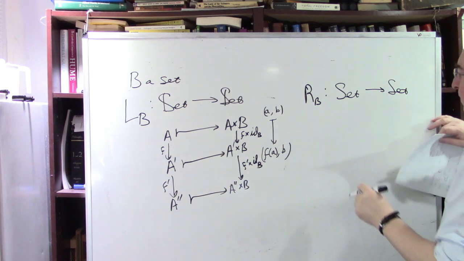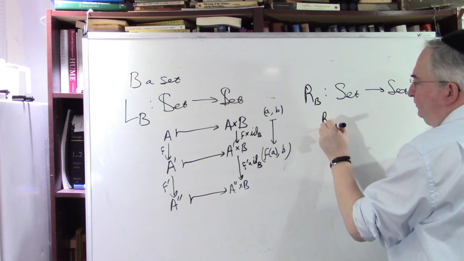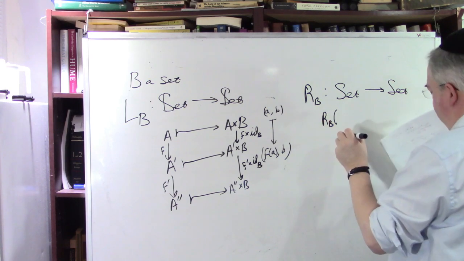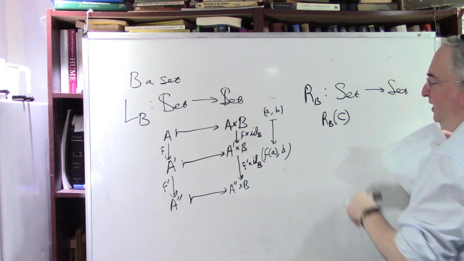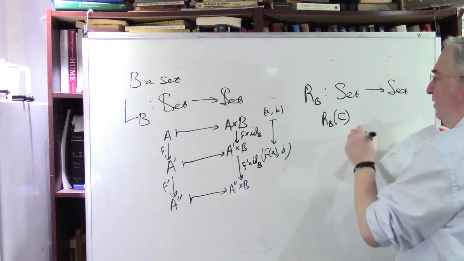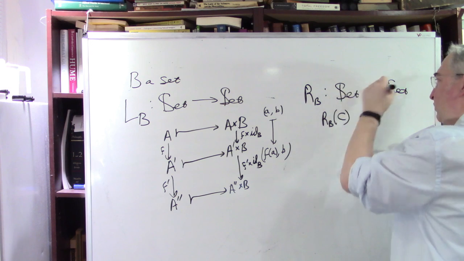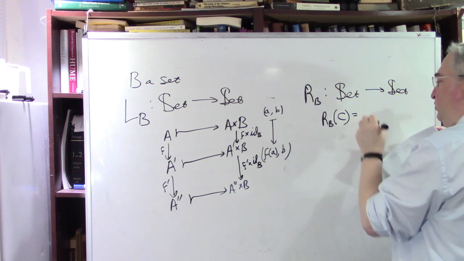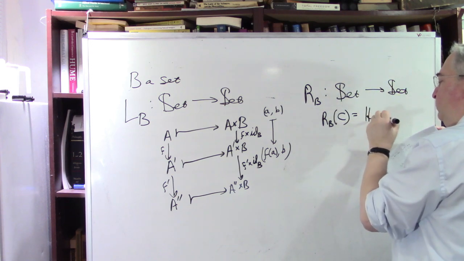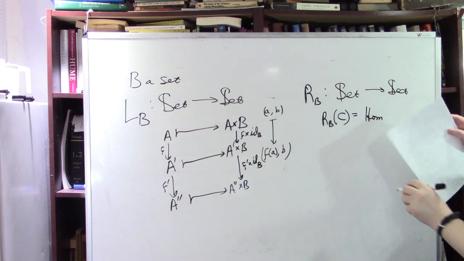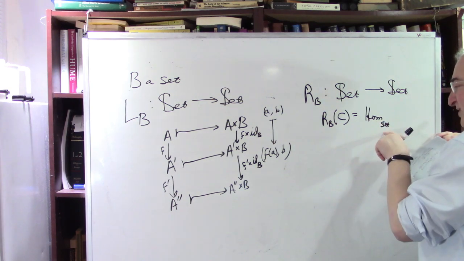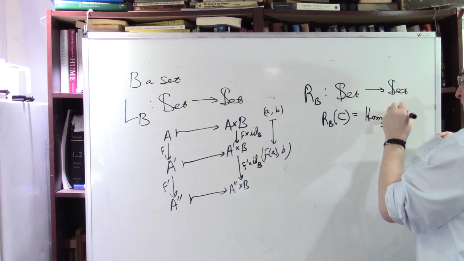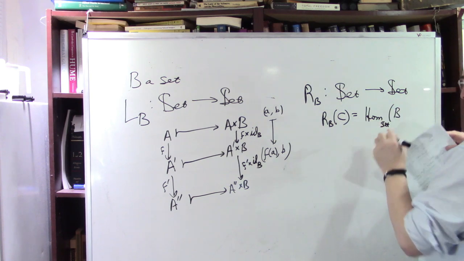And R sub B of C, where C is a set. Where should it go to? And the answer is, it goes to Hom within Set, so set homomorphisms from B to C.